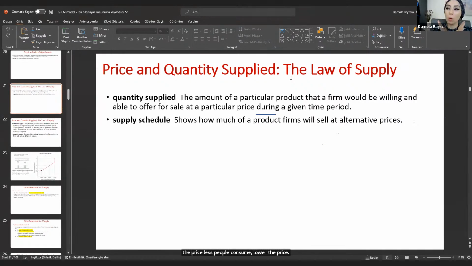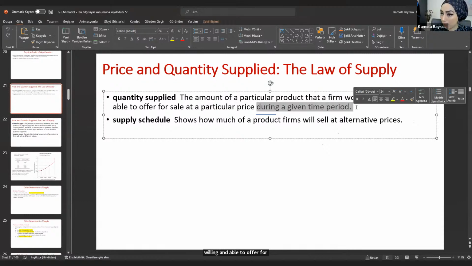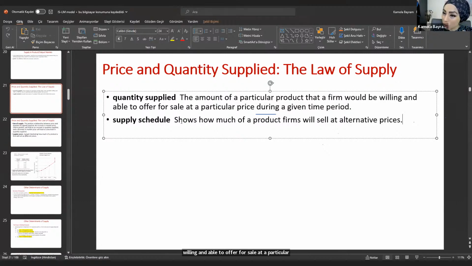Now, coming to the law of supply, quantity supplied is the amount of a particular product that a firm would be willing and able to offer for sale at a particular price during a given period of time. A supply schedule shows how much of a product firms will sell at alternative prices, right?